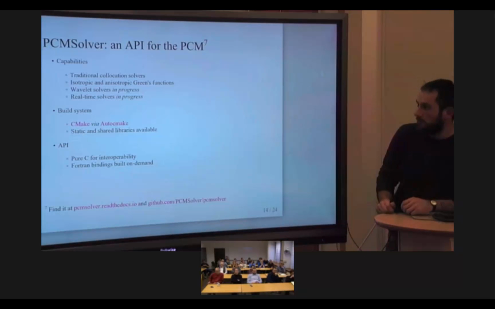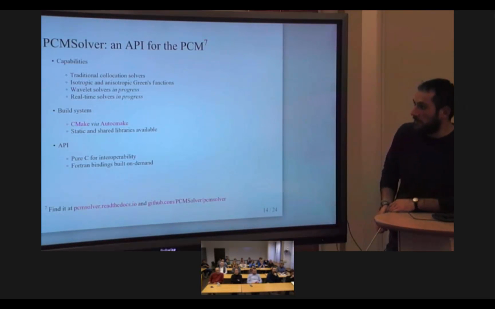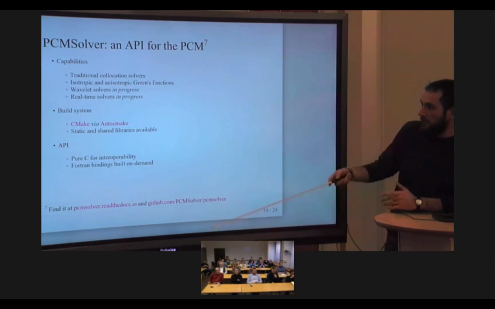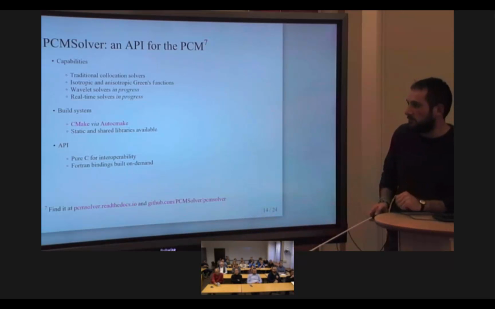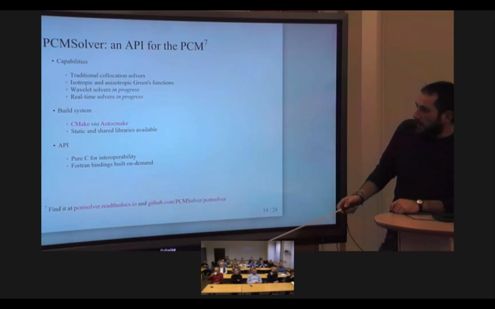So to be able to follow the time evolution of the surface charge following, for example, an excitation process in the solvent module. As build system, we use CMake with the AutoCMake plugin manager that Radovan created, and we can build static and shared libraries. It depends on your taste, which one you prefer.